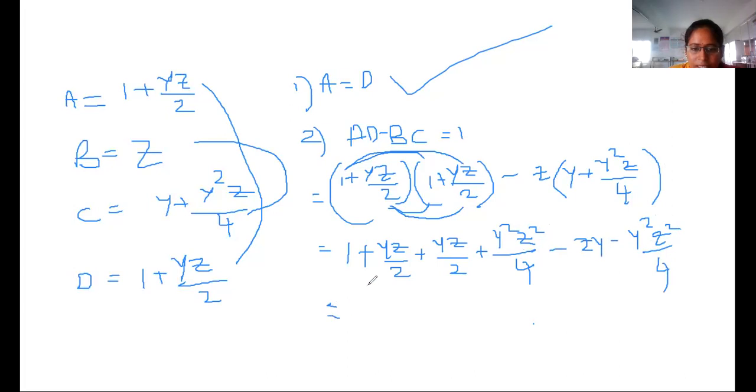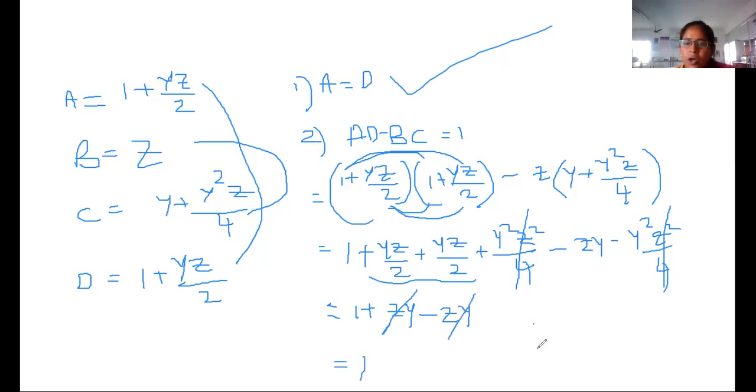See here, adding these two we can get 1 plus ZY. Y square Z square by 4 and Y square Z square by 4 cancel each other, and minus ZY cancels too, so we get the value equal to 1.